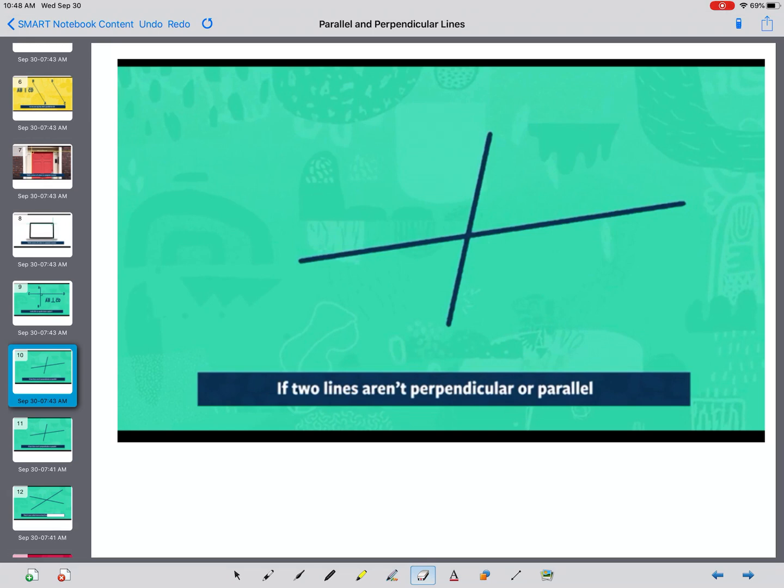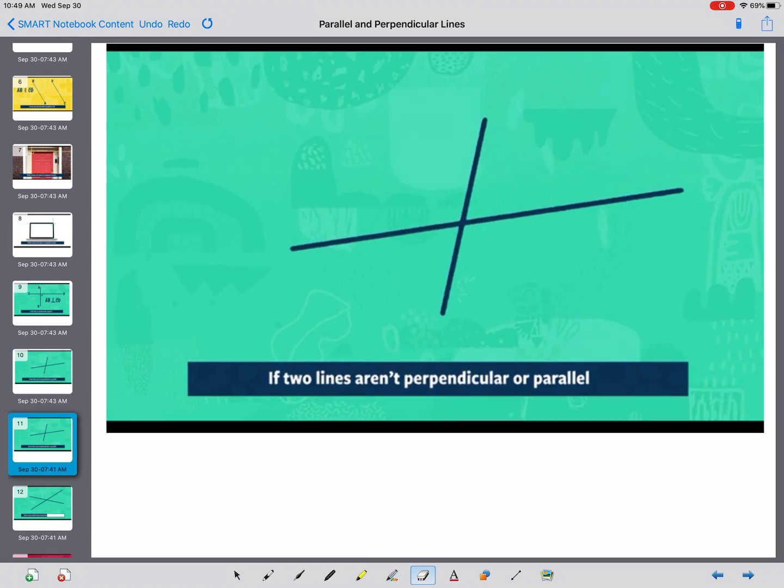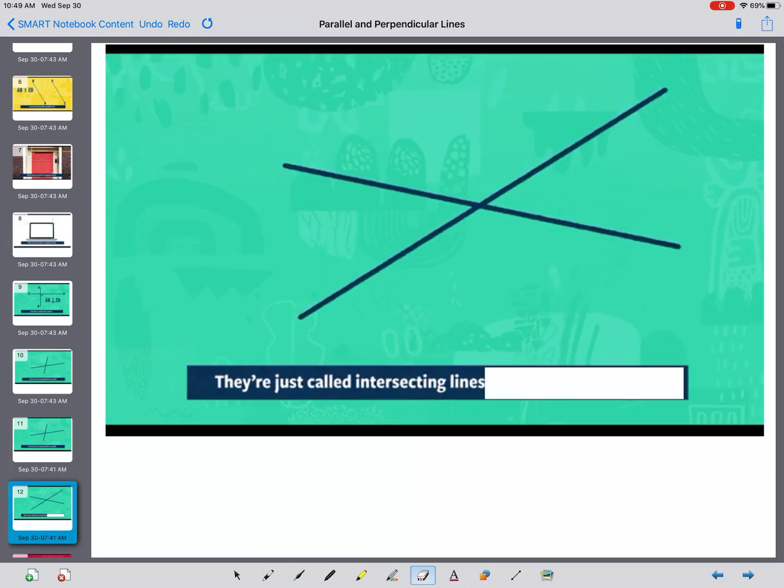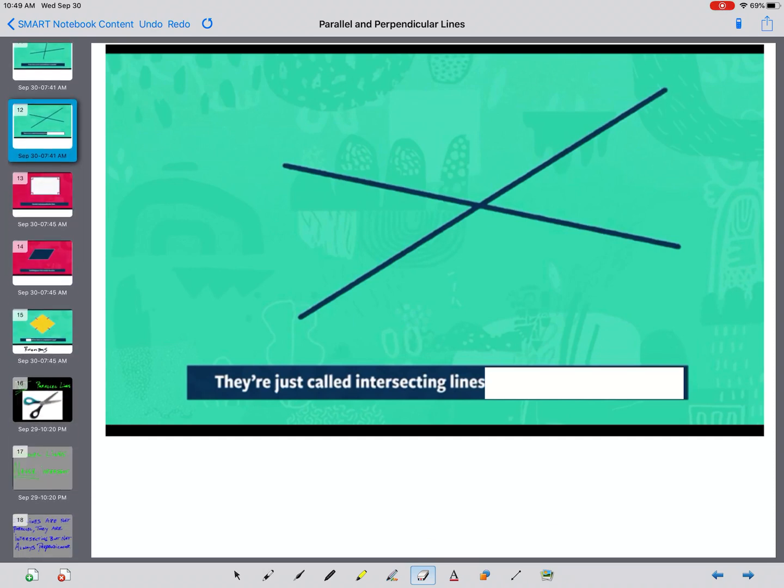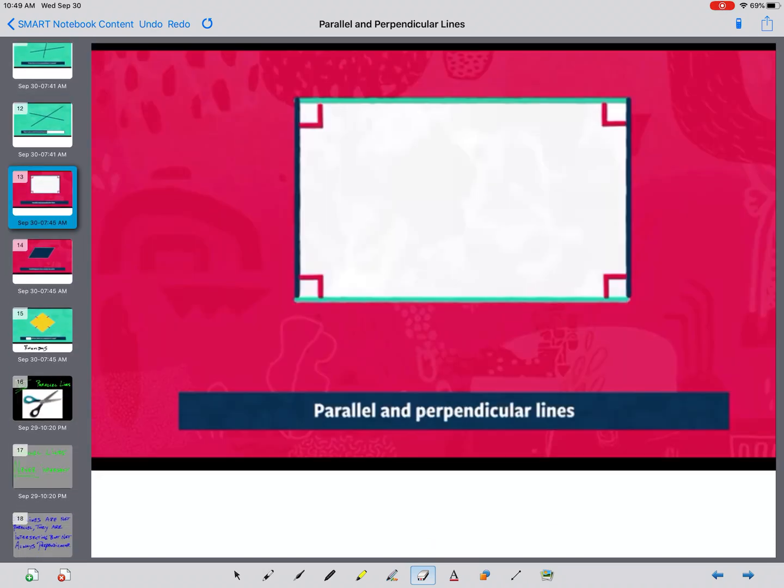So if two lines aren't perpendicular or parallel, all we do is say that they are intersecting lines. Okay. You're going to need to know that rectangles are made up of parallel and perpendicular lines.